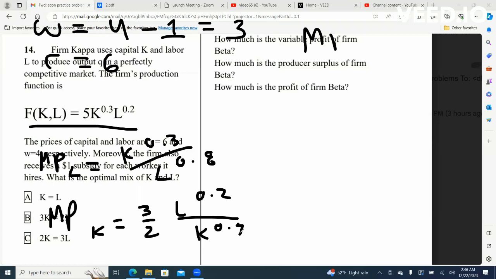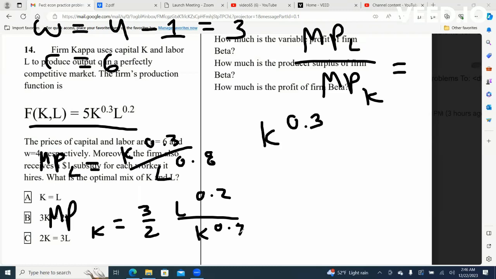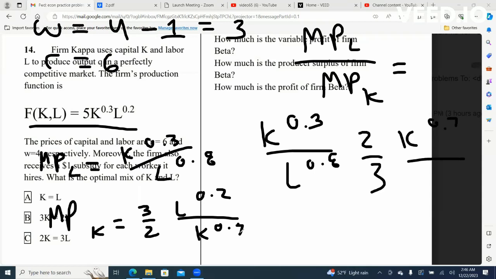So we do MPL divided by MPK, which equals K to the 0.3 over L to the 0.8, over 2/3 K to the 0.7 over L to the 0.2.